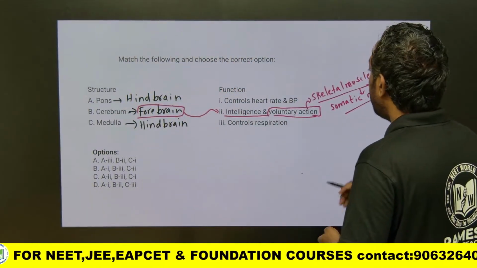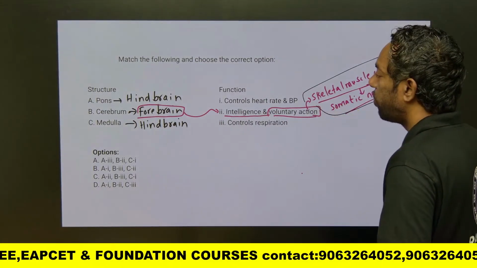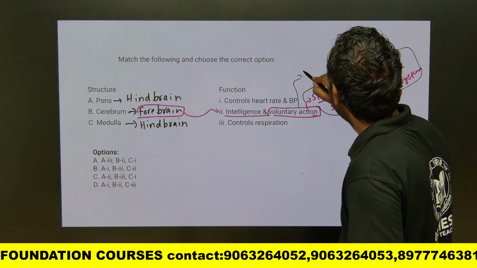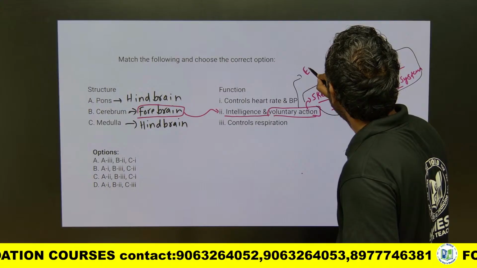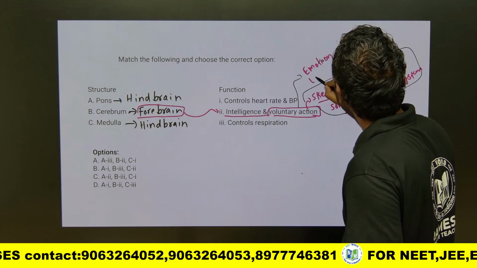Skeletal muscle control, which is forebrain, of course, intelligence, emotion and logical thinking.